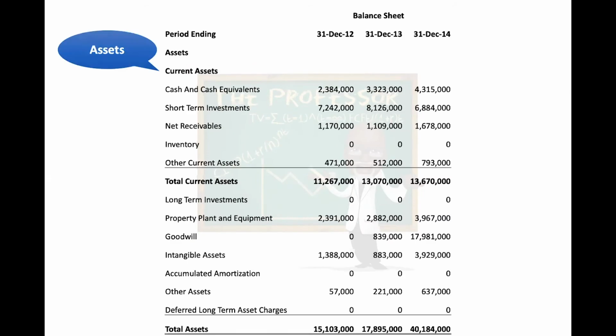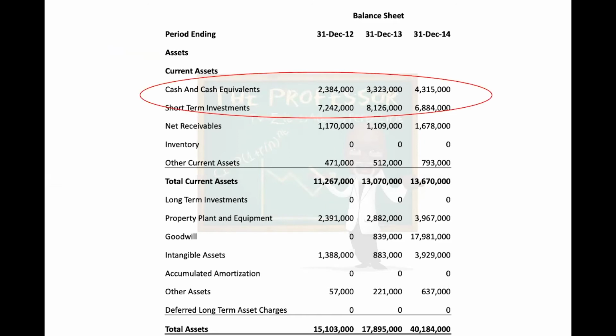What we're looking at now are the assets from the balance sheet. You have your current assets. Current assets are assets that can be or will be turned into cash in the next 12 months. Short term, in less than 12 months, these current assets can be turned into cash very quickly.